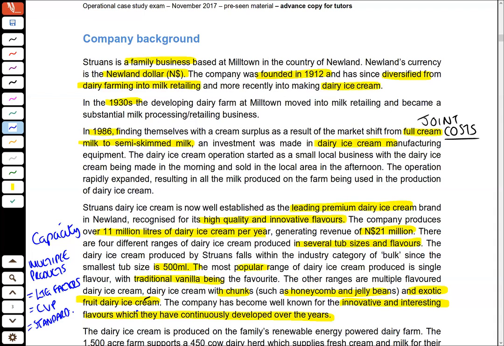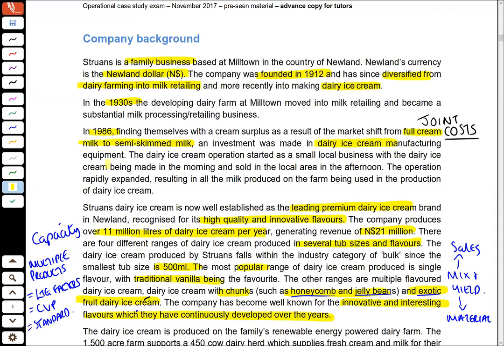So we've got an element of standardization. We're not making a unique product every single time. And then also we're told about the potential ingredients. We've got multiple flavours with honeycomb, jelly beans, exotic fruit. So I'm starting to think about my variances and thinking about things from a mix and yield point of view. And we can think of that both from a sales perspective and also from a material perspective as well.